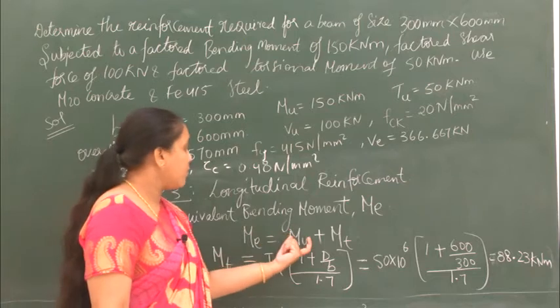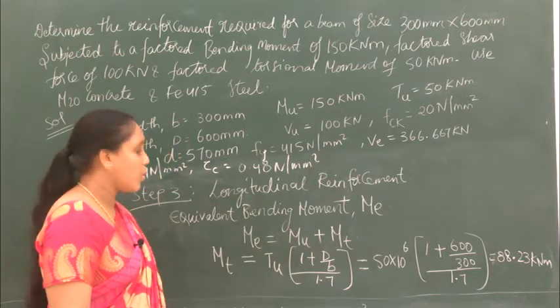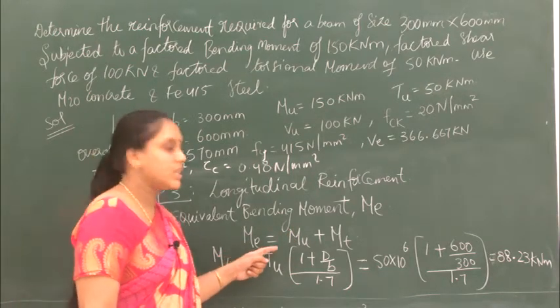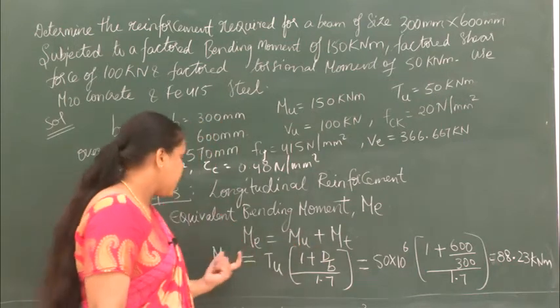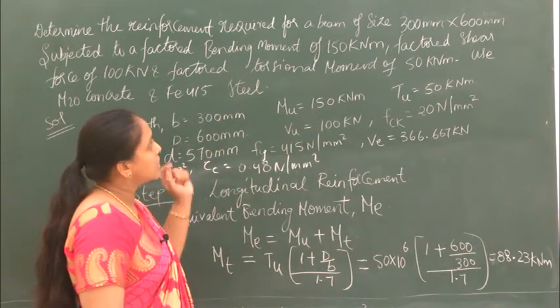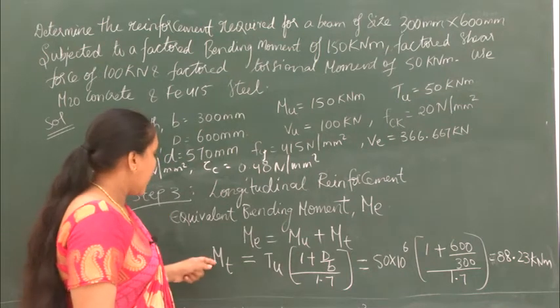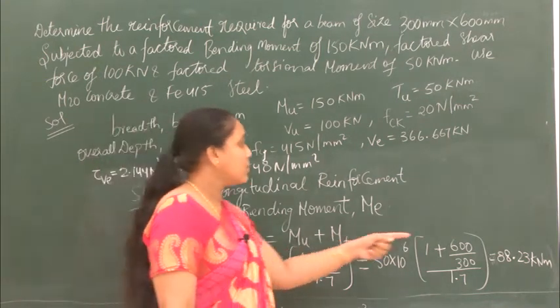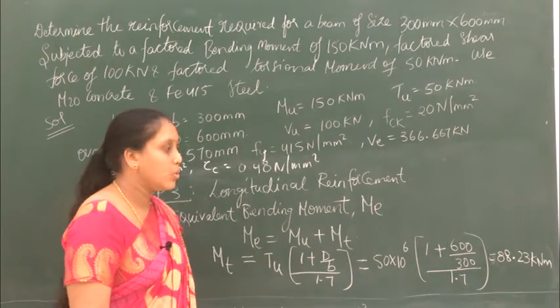So now you can calculate the equivalent bending moment. That is, the equivalent bending moment ME is equal to MU plus MT. MU you already know, which is 150 kilonewton meter, and MT you have calculated now, which is 88.23 kilonewton meter.